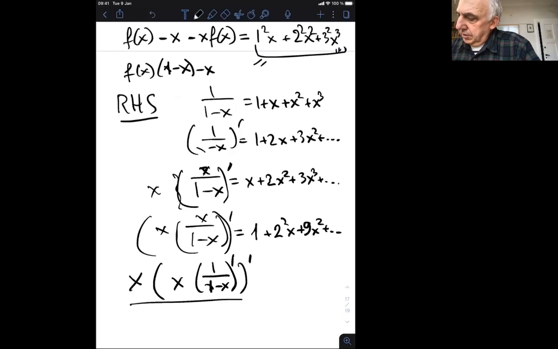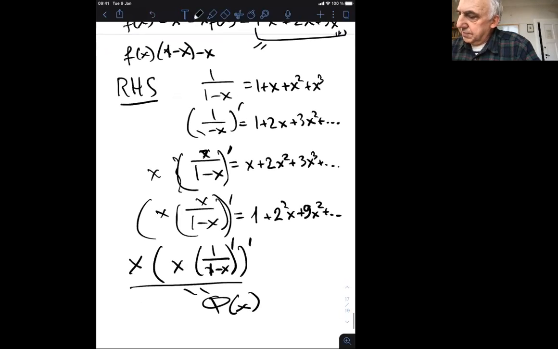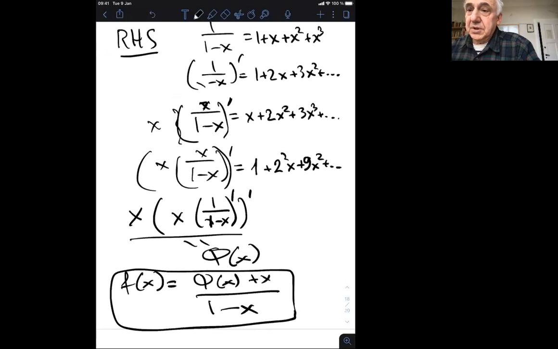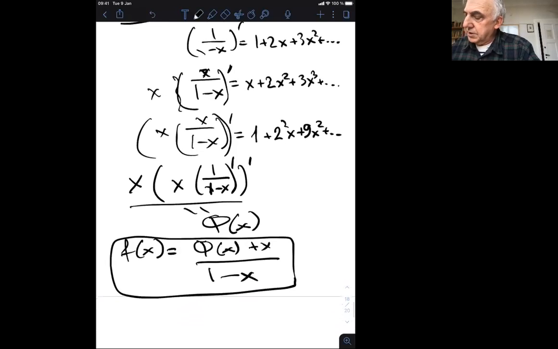And then if I denote this answer by, say, phi of x, which is a very specific function, so f of x would be phi of x plus x, all divided by 1 minus x. Okay, so we got our generating function in this way, and then, fiddling with this a little bit, we'll be able to get the coefficients of the series, which gives us our answer for a_n.